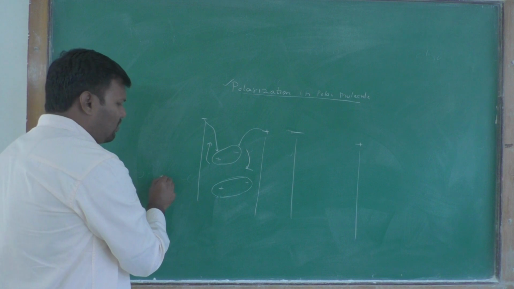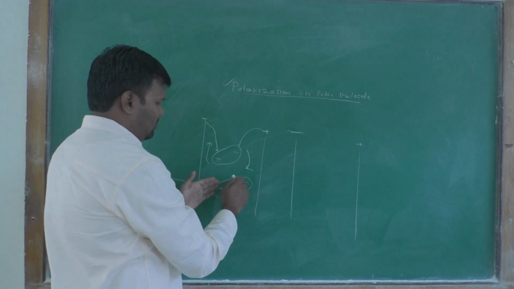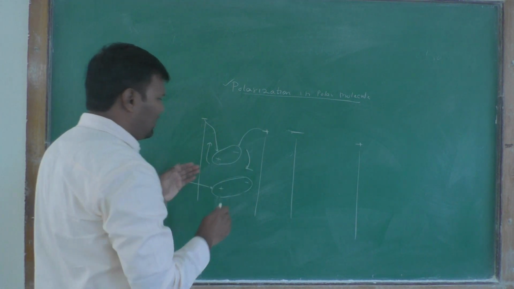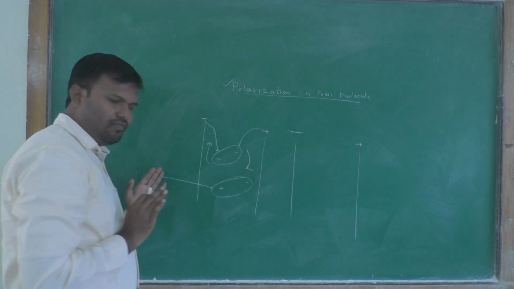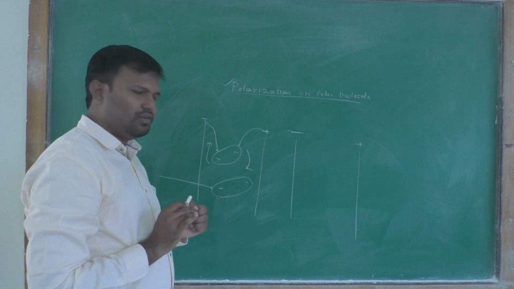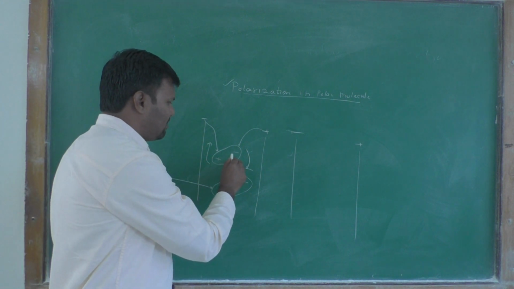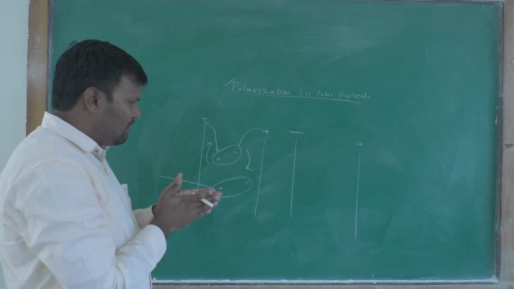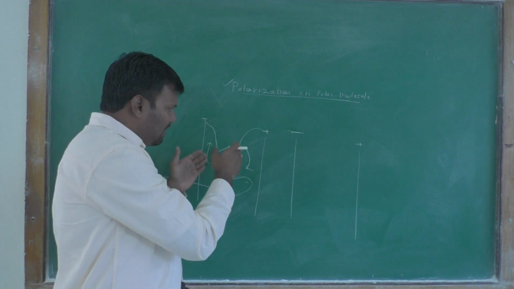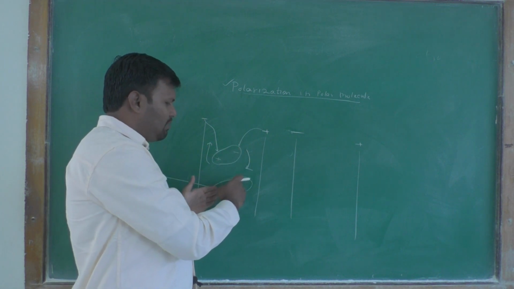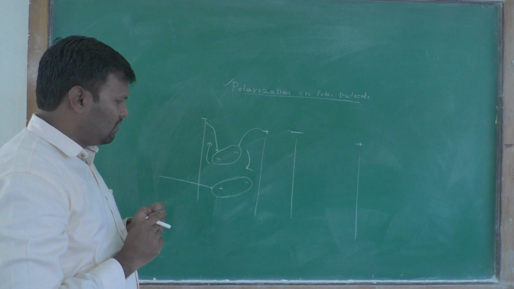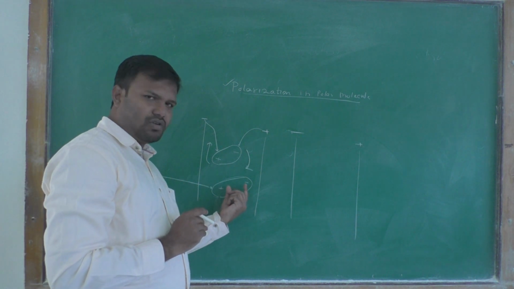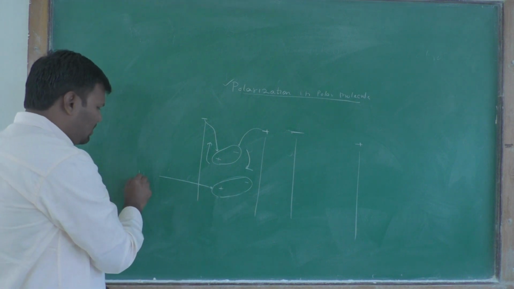A polar molecule already has a positive end and a negative end, but they are nearly situated to each other, and the separation is small. Therefore, by applying the electric field, they get maximum apart from each other. That type of distortion of the positive and negative charges we have discussed already.